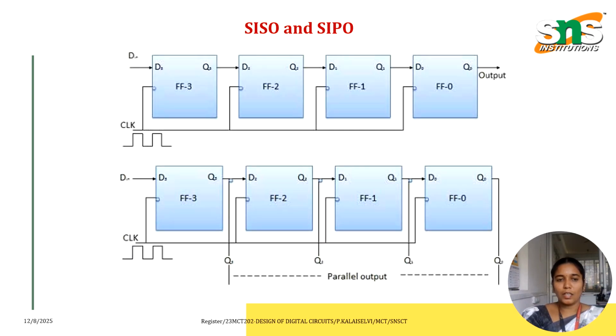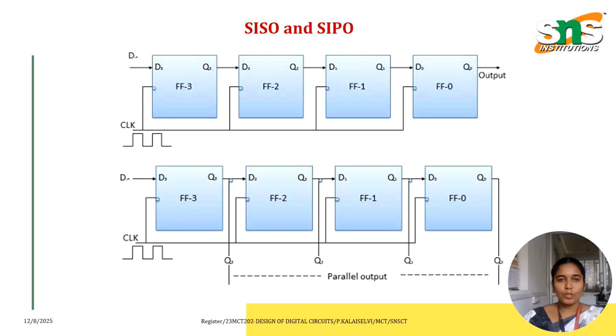The first image is the schematic diagram of SISO, that is serial in, serial out. Let all the flip-flops be initially in the reset condition, that is Q3 = Q2 = Q1 = Q0 = 0. If a 4-bit binary number, 1111, is entered into the register, this number should be applied to the D input with the LSB applied first.